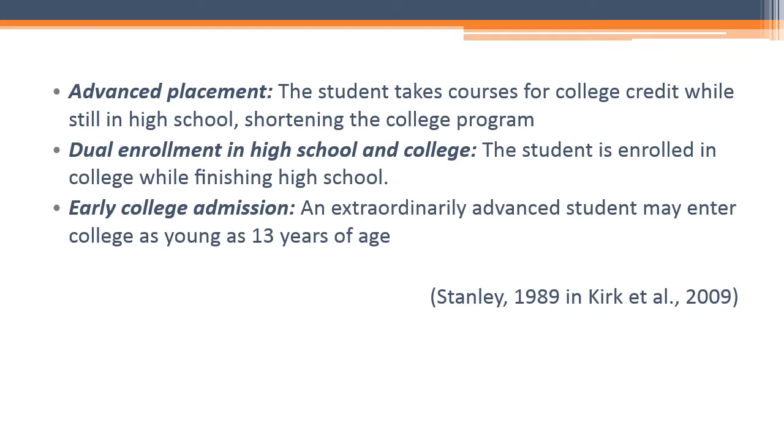So pag bigay mo ng transcript sa college is makaka-credit siya, parang ganon. Dito sa dual enrollment in high school and college, so officially enrolled ka sa high school, officially enrolled ka rin sa college. Okay?